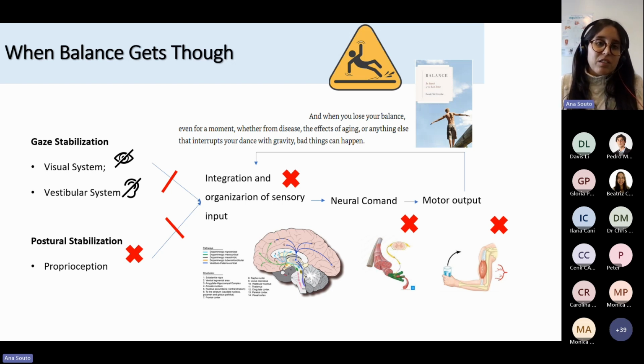If it's affected, of course, we're going to have a balance problem. So there are a lot of places where something can happen that will impair balance. And within neurologic disorders, it's very frequent to have this kind of impairment.